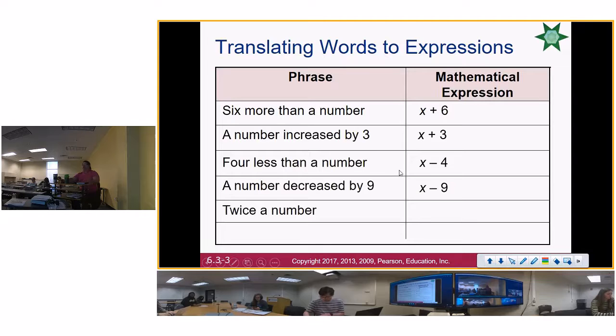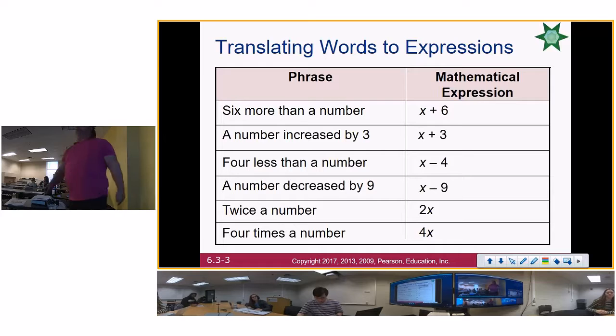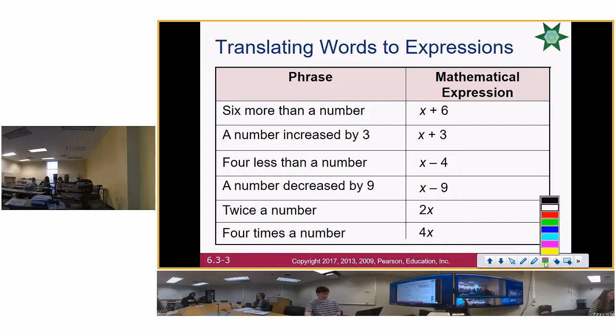You don't have to write the chart, just write down these are the phrases, the magical phrases that you need to look for in a word problem. The only thing that I want to make a note of is this one right here.